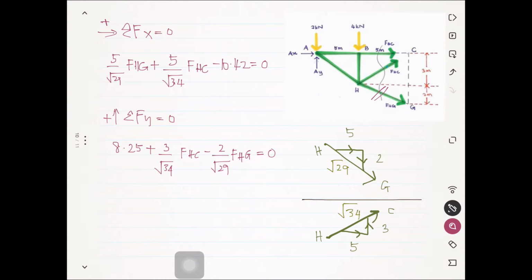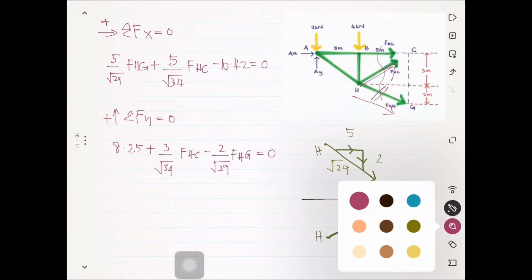Okay, and let's do the summation of Fx and Fy. Before that, resolve the force of HG and HC. Okay, this is how I resolve. Then let's do the summation of Fx and Fy.